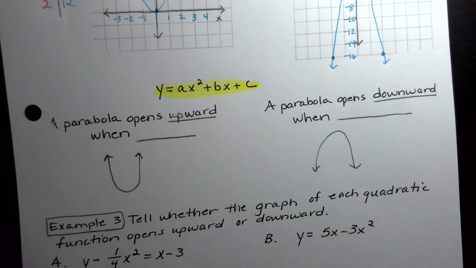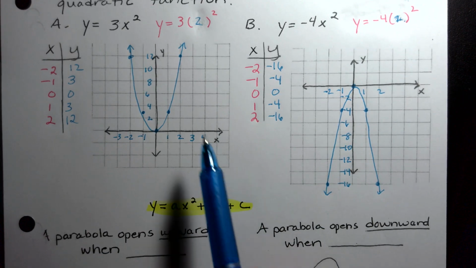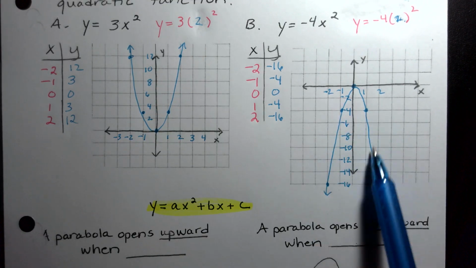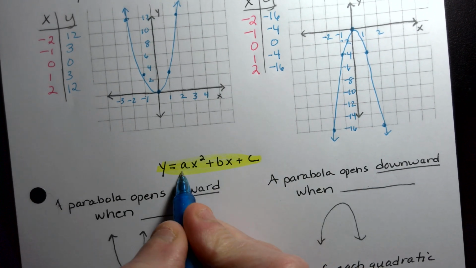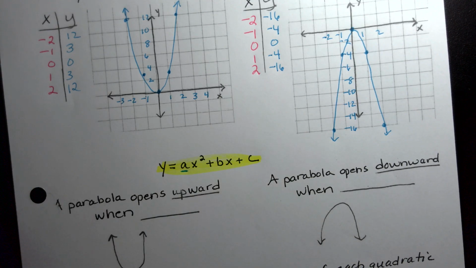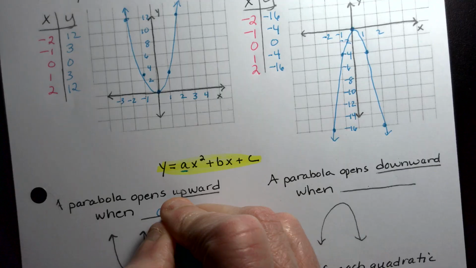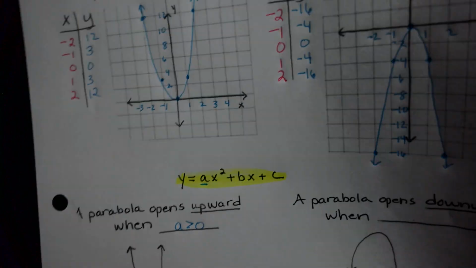We can tell what direction. Do you notice how this opens up and this opens down? You can tell that when you look at this a right there, the number before the x squared. When that number is bigger than 0.